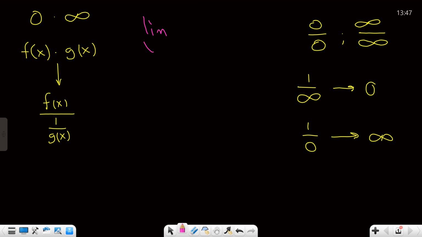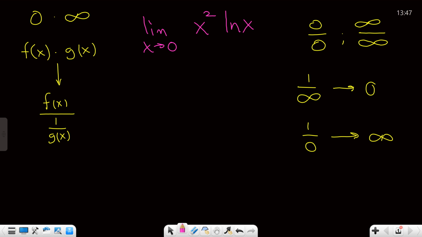Okay, let's do the limit as x approaches 0 of x squared times the natural log x. Now, even though I'm doing an example of 0 times infinity, don't just assume that that's what I'm doing. You still need to check it. If you plug in 0, you get 0 for x squared, and the natural log is equal to infinity.